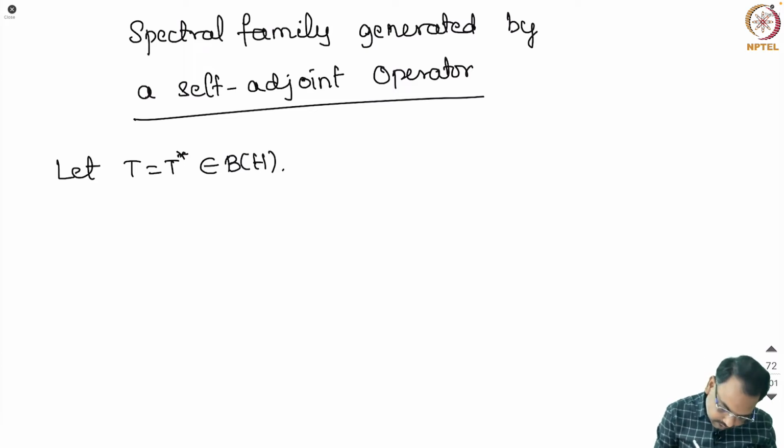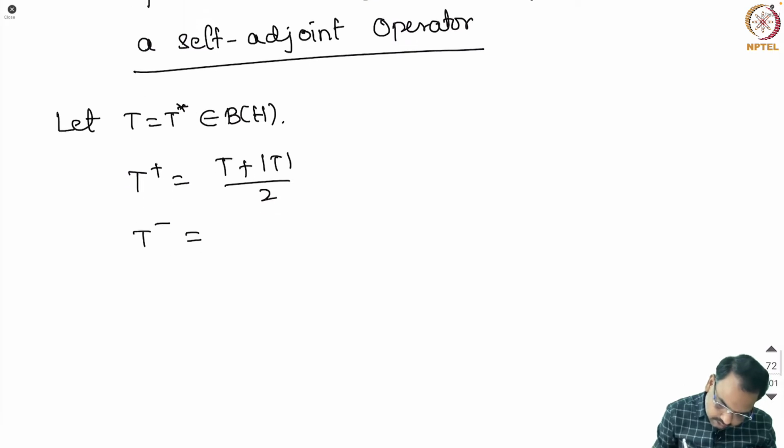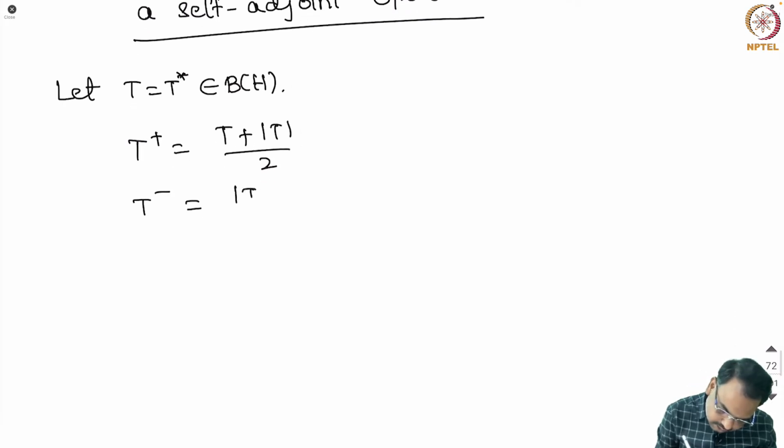So we have defined T plus as (T plus mod T) by 2 and T minus as (mod T minus T) by 2.